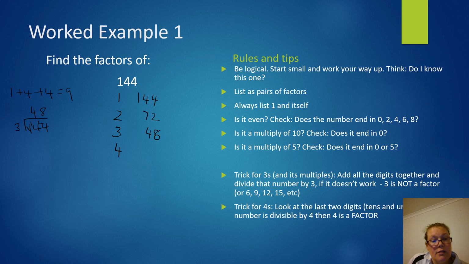4 will go in because 12 goes in, so again we can do it longhand. I don't have a calculator with me at the moment. So again, 4 goes into 14 3 times with 2 remainder. 4 goes into 24 6 times, so 36. 5 is not a factor because it doesn't end in a 0 or a 5. 6 will be a factor because 3 is a factor.